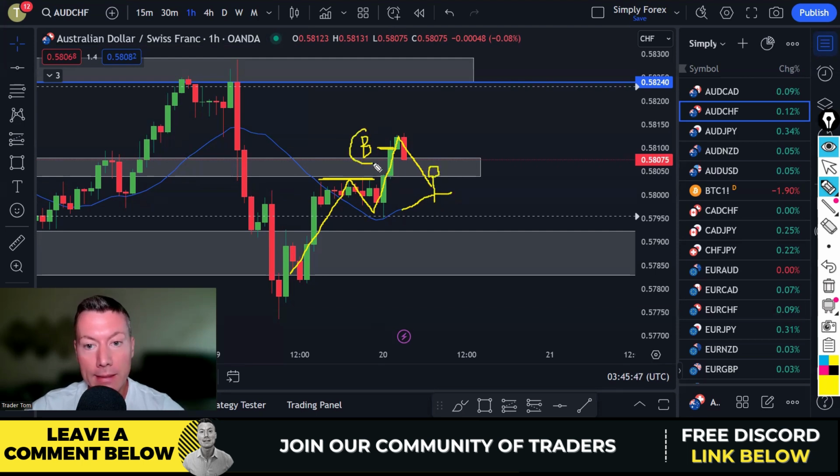Even if you didn't enter here, this trade criteria is still intact. You could still start buying here. Your stop will still go here. Your target will still be here. Nothing changes. It's just the market has retraced a bit and given you another opportunity to get into this trade, which we can.